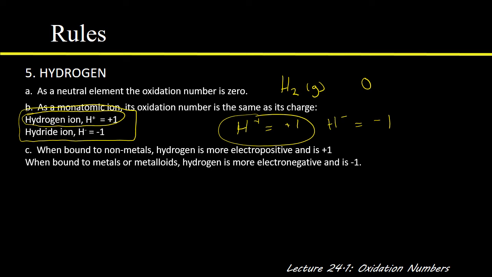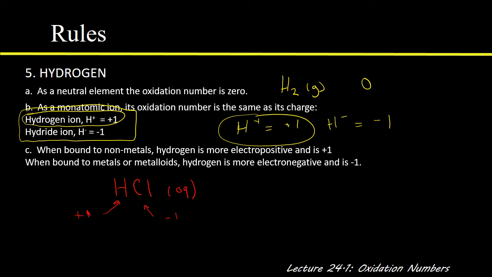Okay. So, for example, if we had something like hydrochloric acid, okay, chlorine is a nonmetal, so it is the most electronegative element in the compound. It's going to get its preferred negative charge, which in this case is -1. Hydrogen is more electropositive, so it's going to be +1. Okay.